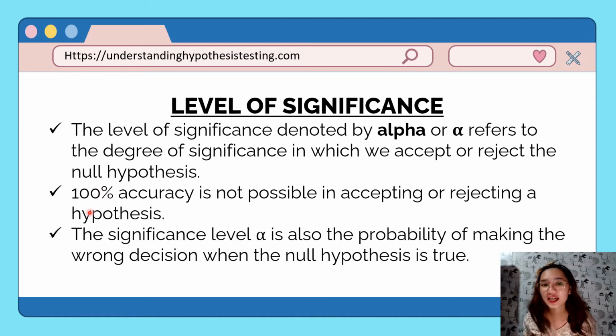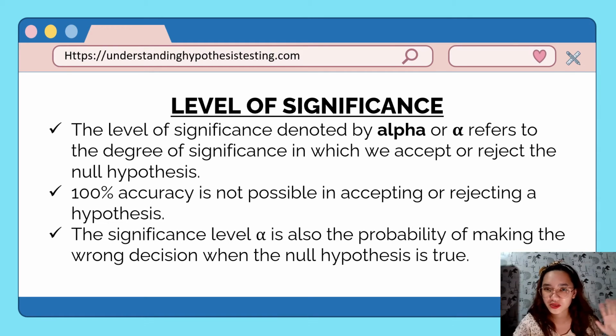So, sabi ko nga kanina, 100% accuracy is not possible in accepting or rejecting a hypothesis. This significance level, ayan, or alpha, is also the probability of making the wrong decision when the null hypothesis is true. So, yung most common levels of significance na ginagamit natin sa research ay 1%, 5%, and 10%.